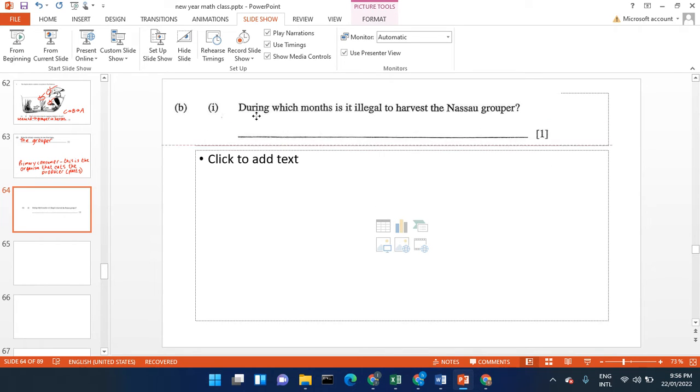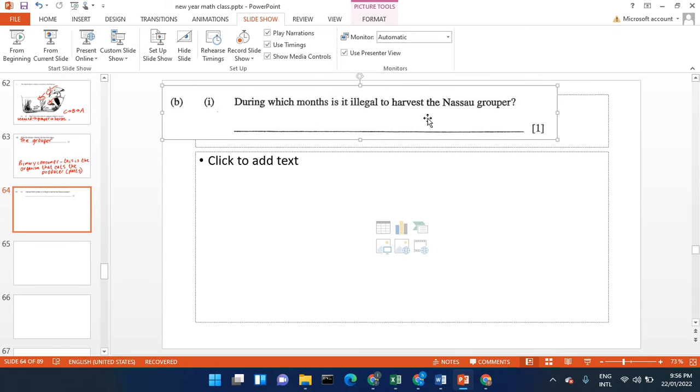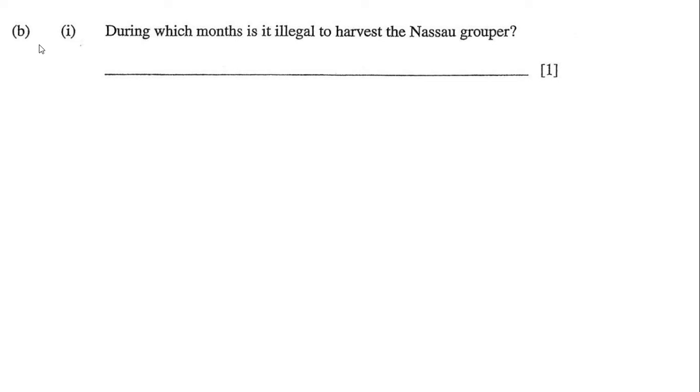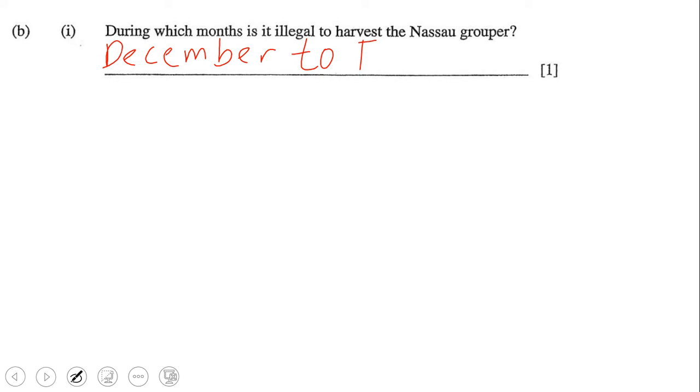The months that it's illegal to harvest the Nassau grouper are December to February.